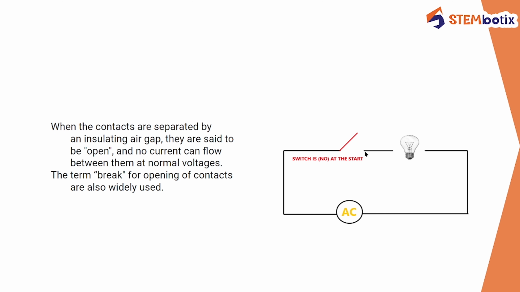So after some time you can separate both contacts, and your switch would be in normally open state and the bulb turned off. After some time you can close these contacts by switching it or by making the circuit, and you will see that your bulb connected to it will be turned on.